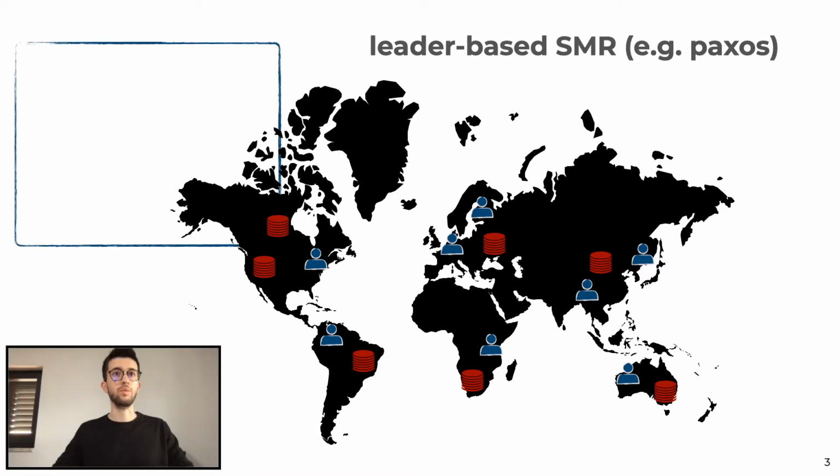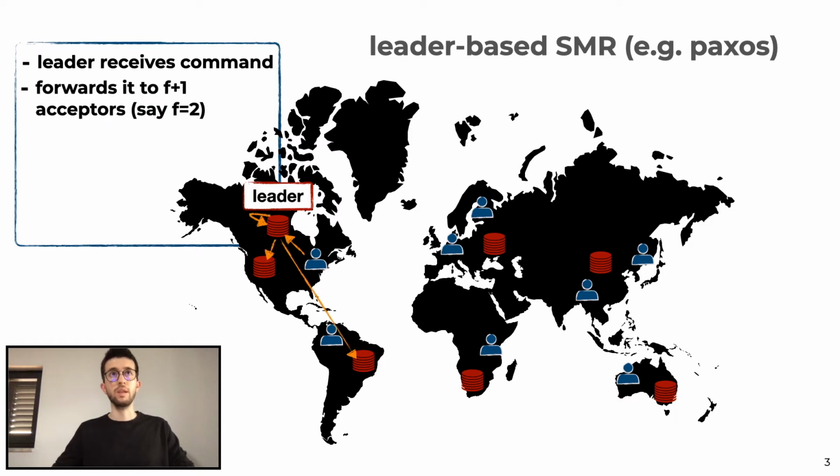One of the most famous SMR protocols is Paxos, which is leader-based. This means that when a client wants to submit a command to the system, it sends it to the leader replica. When the leader replica receives this command, it forwards it to f+1 acceptors, where f is the number of failures that we want to tolerate.